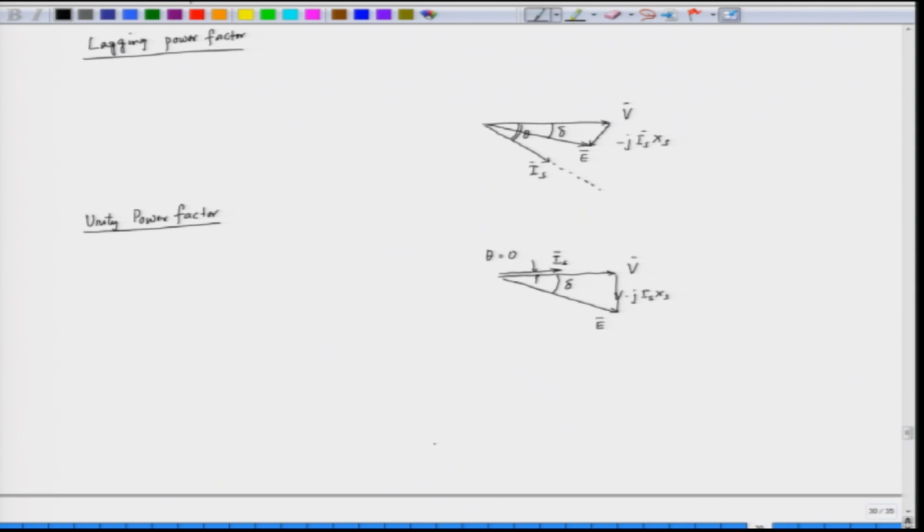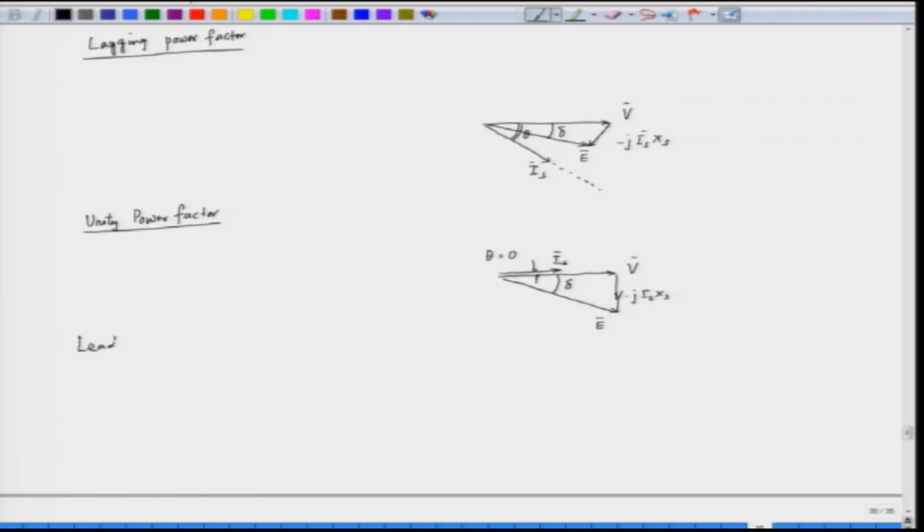Similarly, we can make the motor operate in a leading power factor. So, for a leading power factor operation, what we have to do here is that we have to excite the field a little more, that is called over excitation. So, this is the voltage V, the power factor here is leading.